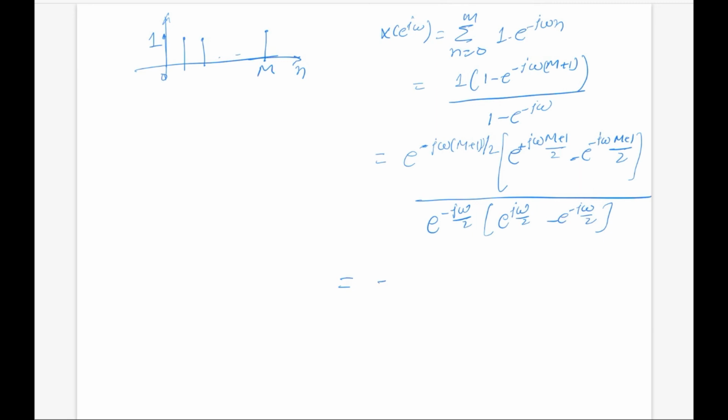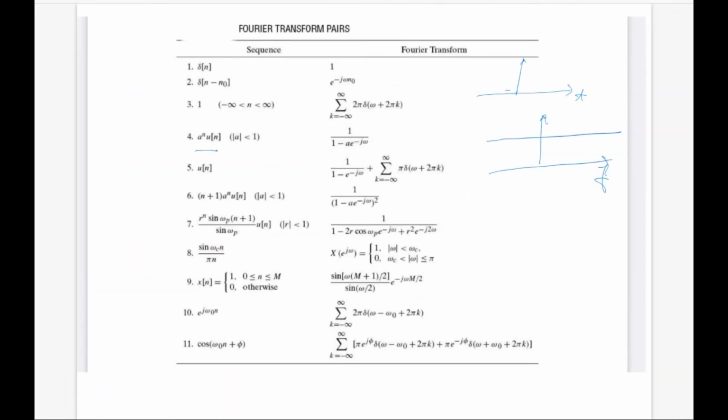So it will be e to the minus jωM/2. This is the phase part. The magnitude part can be written like this. So this is the Fourier transform of a rectangular function.